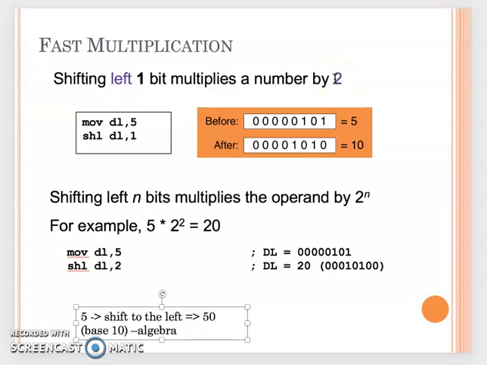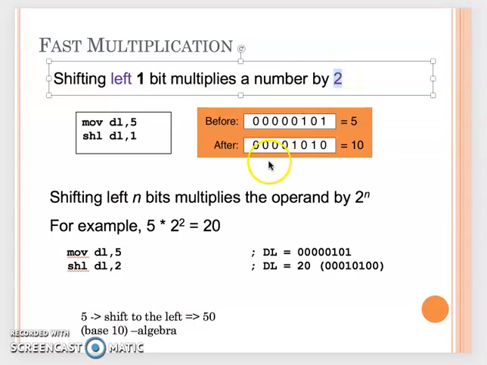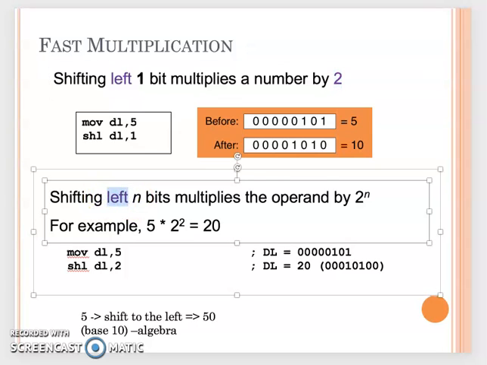Yeah, our base is 2. So whenever you shift to the left for n bits, that means you multiply by 2 to the nth power. Okay, the base is 2, and n is how many bits.